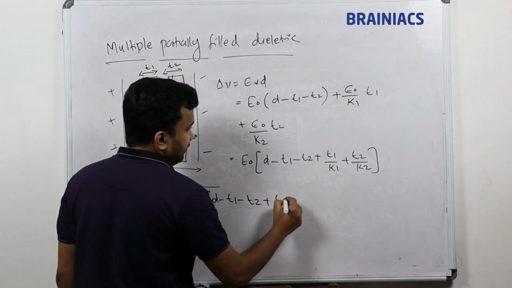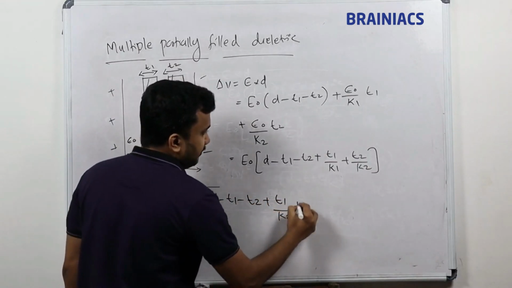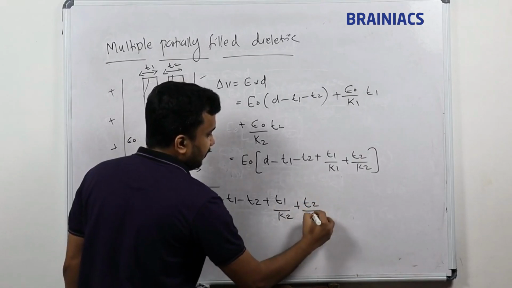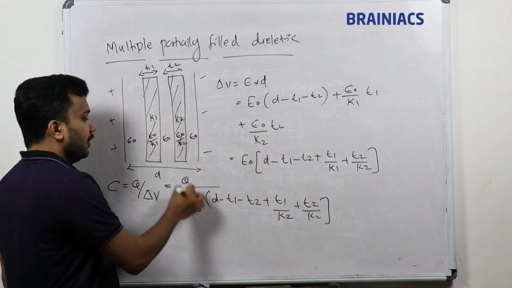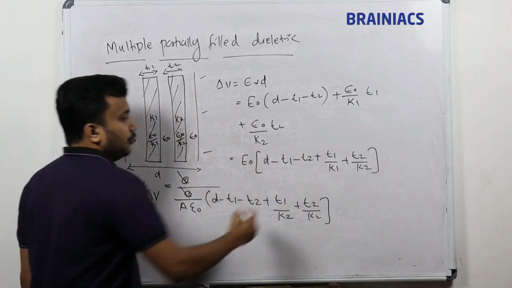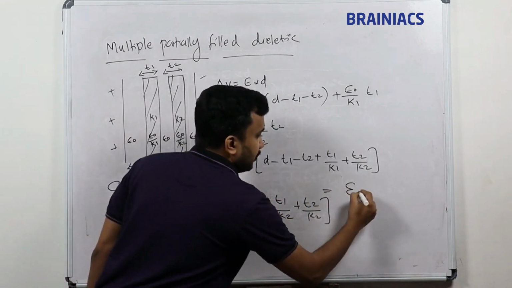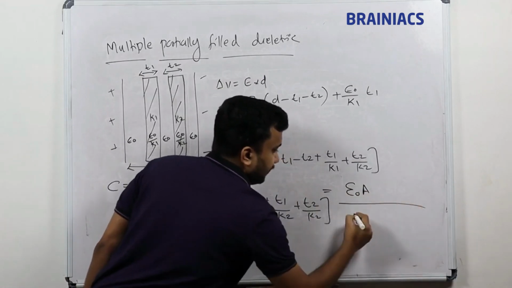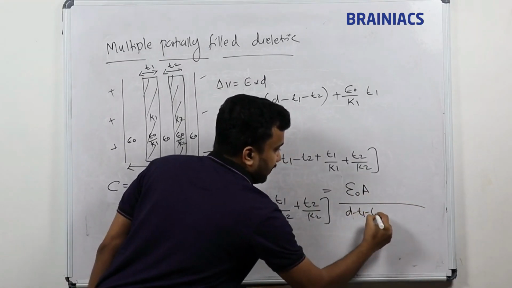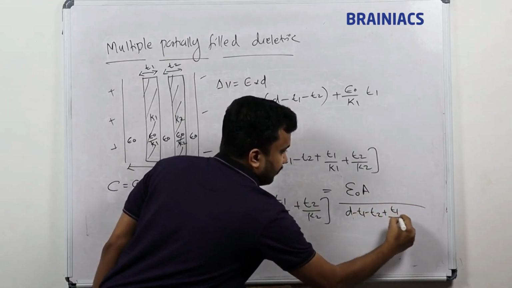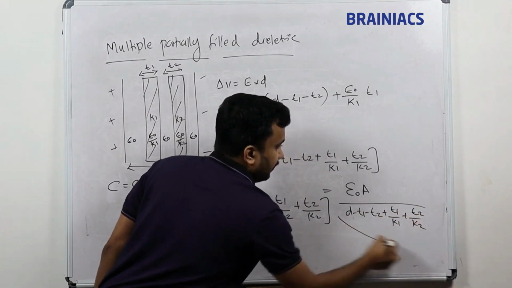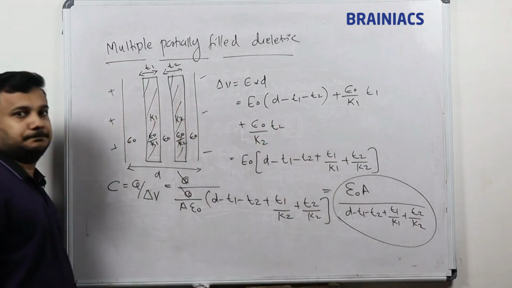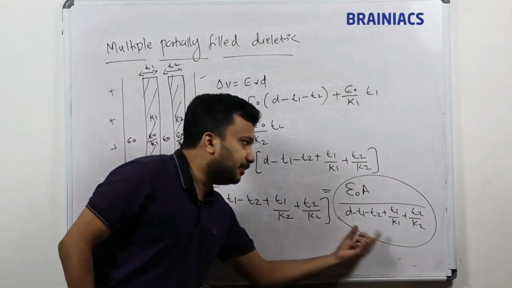Everything is the same steps, but the electric field changes slightly, so accordingly the formula also changes. So Q and Q will get cancelled, epsilon A will go to the numerator. So our formula is epsilon A divided by D minus T1 minus T2 plus T1 by K1 plus T2 by K2. Remember this formula. This is for multiple dielectrics.